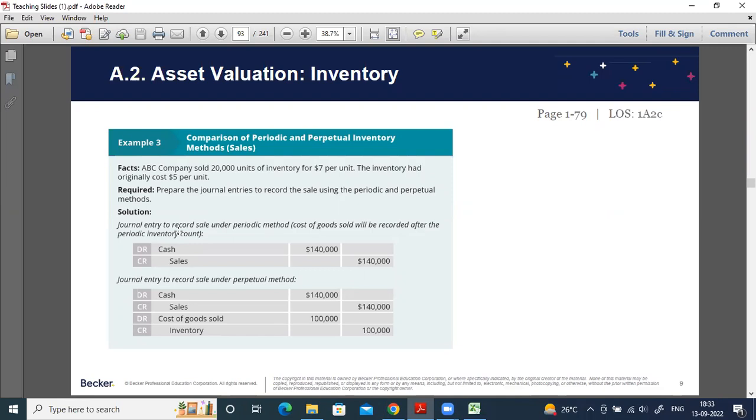Actually, how many units you sold, cost of goods sold. That term itself clearly explains the meaning. Cost of goods sold. It means whatever goods you sold, what was its cost? Of course, you might have sold it for 7 per unit. But what is the cost of goods sold? You sold 20,000 units, but it actually initially cost only $5 per unit. So the cost of goods sold will be 1 lakh. So cost of goods sold to inventory 1 lakh. Did you understand the difference here?